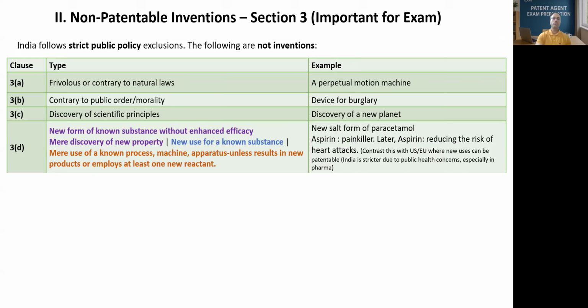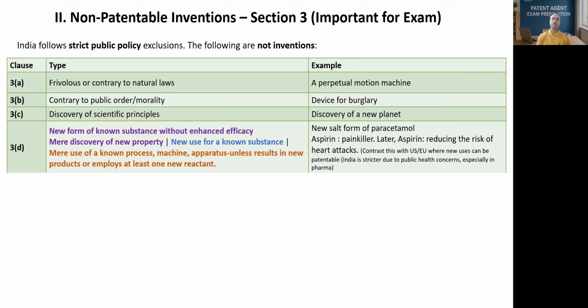Then Section 3D covers many items, such as a new form of a known substance without enhanced efficacy, mere discovery of a new property, new use of a known substance, mere use of a known process, machine or apparatus, unless they result in a new product or employ at least one new reactant.